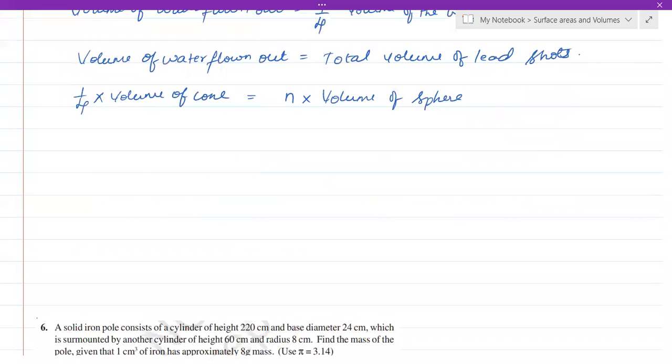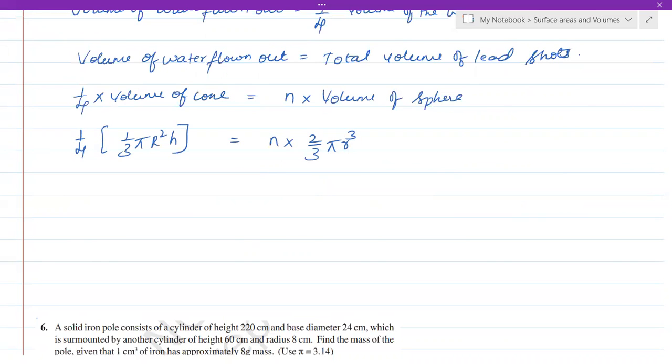The next step, let's substitute 1 by 4 into the volume of cone. The volume of cone is 1 by 3 pi capital R square h. Remember, capital R is the radius of the cone. N into the volume of sphere is 4 by 3 pi small r cube. Now here are the things that we can cancel.